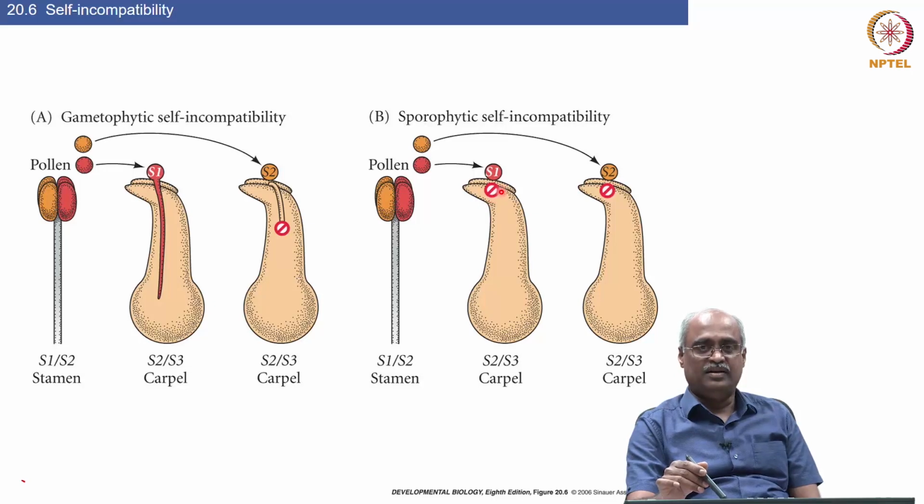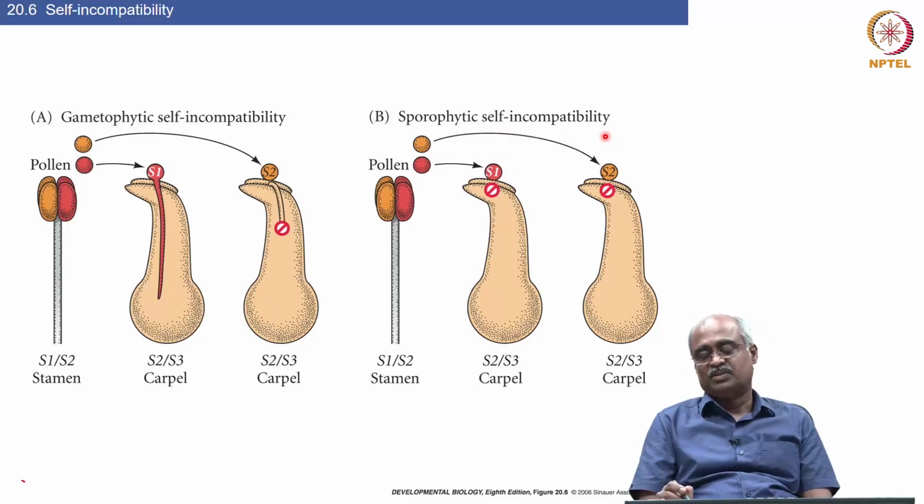And the mechanism for that is because although this is a gamete having the S1 allele, its outer cover is derived from the sporophyte, and that sporophyte has the products of the S2 allele. And this is therefore sporophytic incompatibility, and we call it as such.